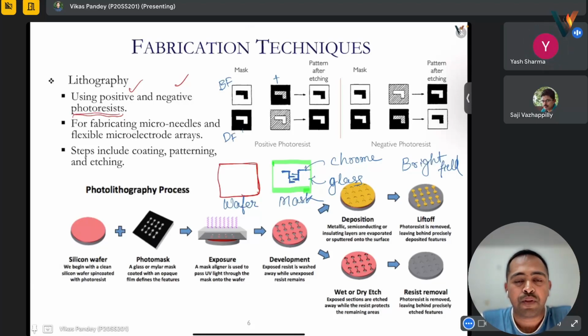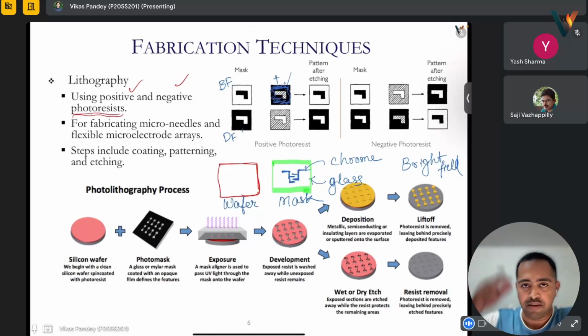Fine. So you see, this black area will not get the light in this case. The other area is getting the light. When you develop, this will go out, and only our dark pattern will remain.